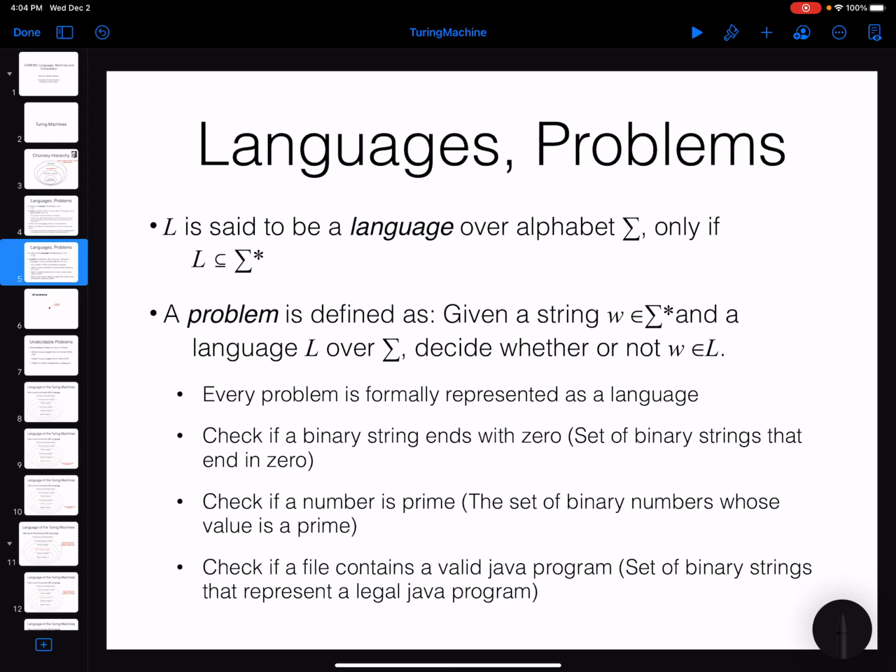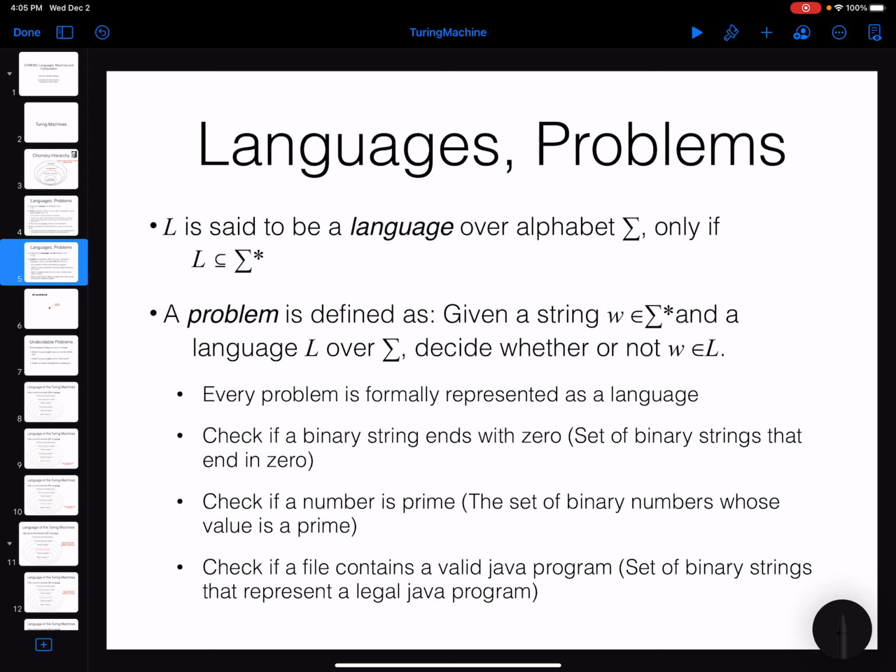Basically this problem can be represented as a membership problem over a language, the language of all strings that end with a 0, and given an input string, we want to know if it belongs to this language or not. This is the formal representation of the problem.